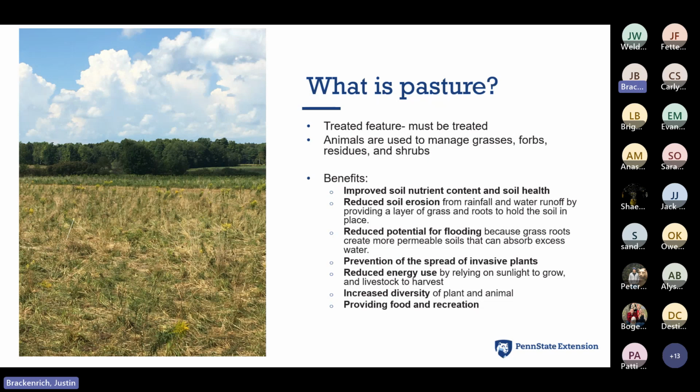We're going to improve our soil nutrients and soil health because we've got this livestock and plant interaction. We can reduce erosion because we're going to have soils and grasses that are held. These roots are going to be holding things in place. We can reduce some runoff and erosion because of better permeability and better infiltration.